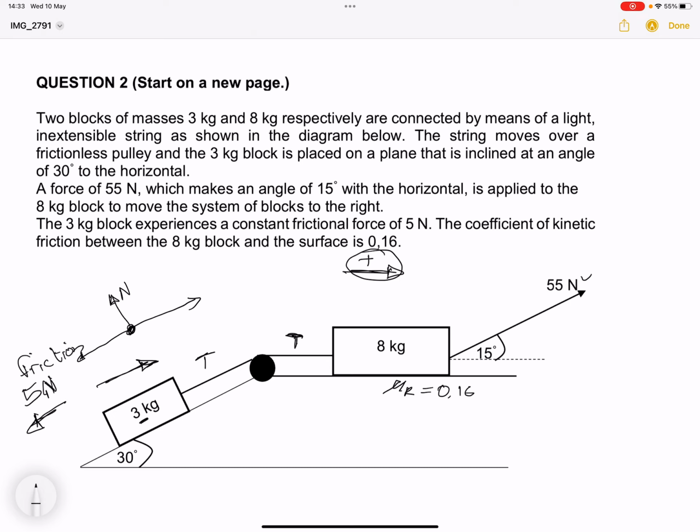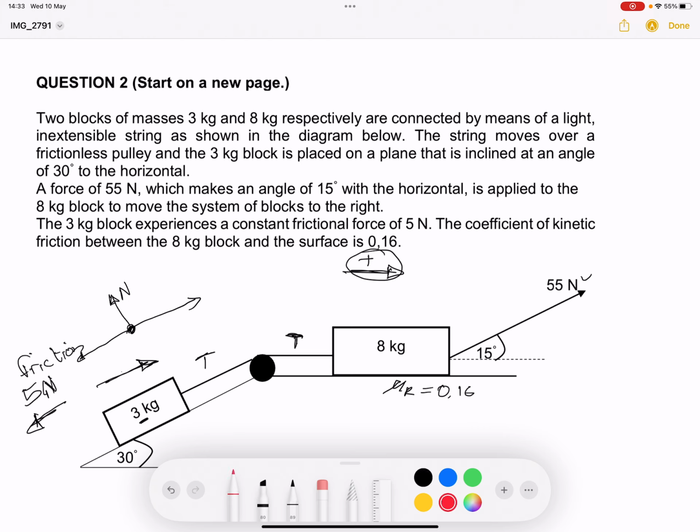We would also have gravitational force, but remember, gravitational force on an inclined plane would actually be broken down into 2 dimensions again, right? So that would be the perpendicular dimension of gravity, so Fg perpendicular, as well as the parallel component of gravity, which is Fg parallel, right?